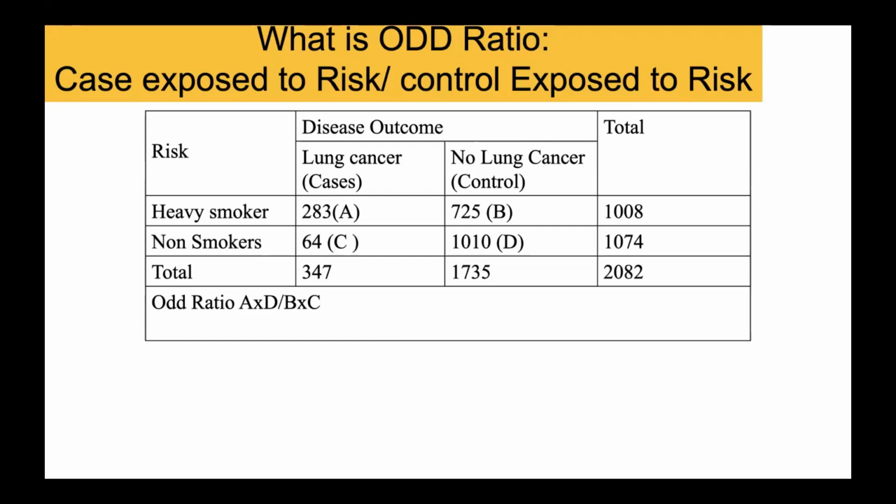Among heavy smokers, there are 283 people who developed cancer, and among those with no lung cancer, they were also heavy smokers, 780, and among non-smokers, 64 developed it and in non-smokers 1010. So in this calculation, what is your result?